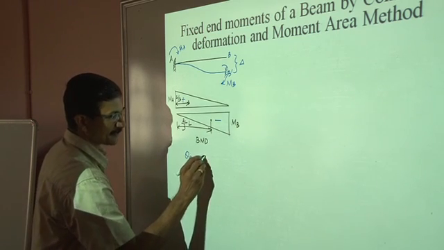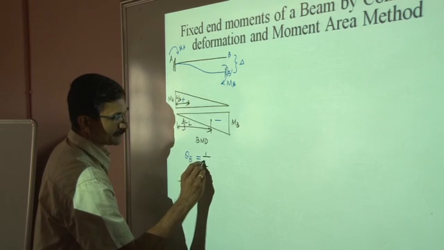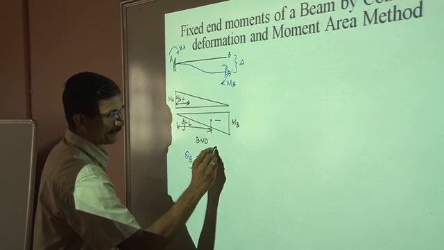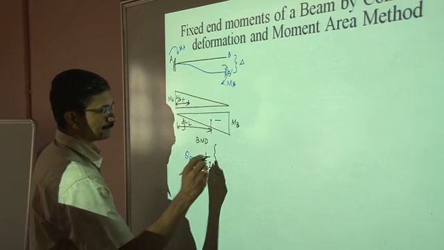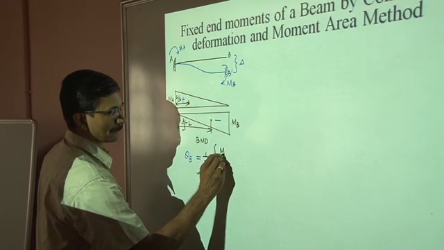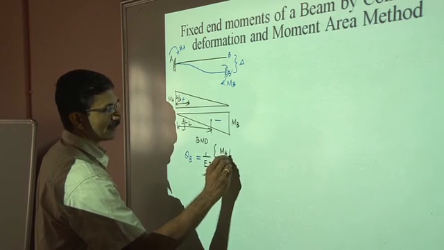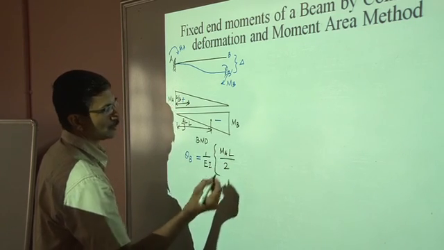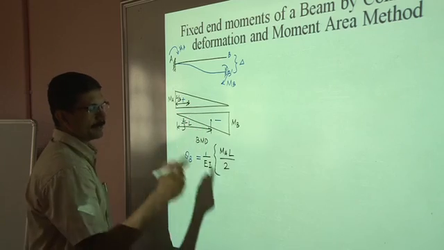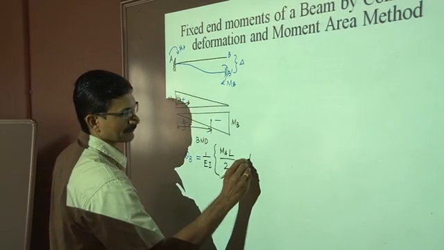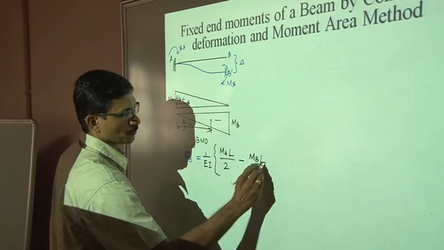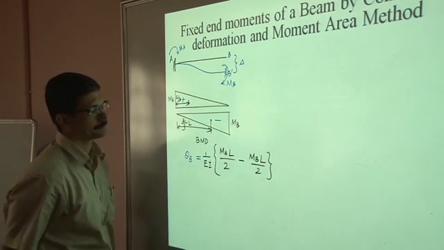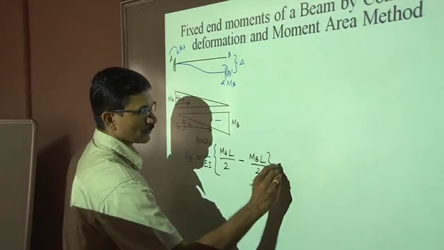Let me put 1 by EI outside, within the bracket, area of this BMD, MA into L divided by 2. Area of this BMD, of course with a minus sign, MB into L divided by 2. That is equal to 0.